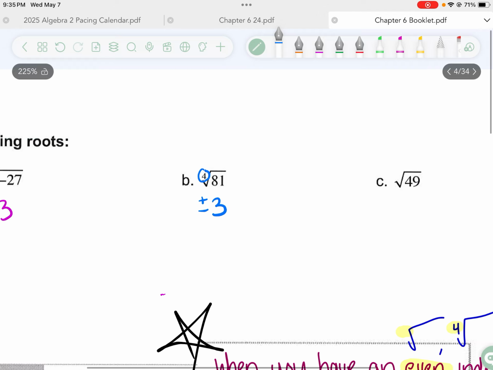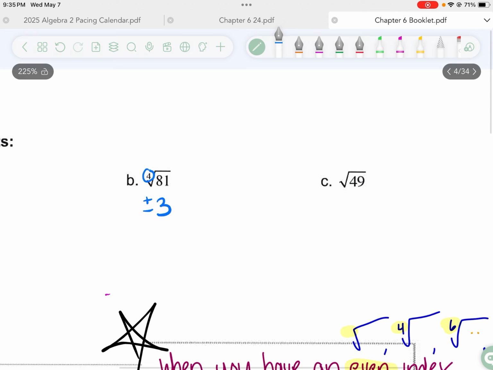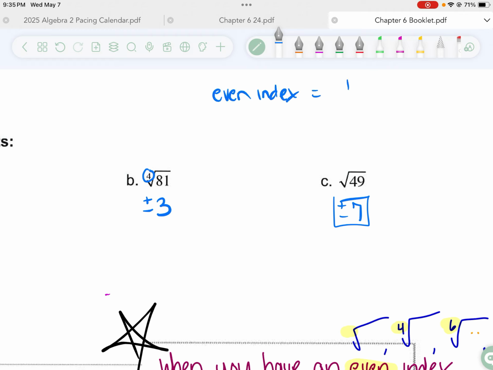Even index. And then letter C, again, if you don't see a tiny number for the index, that just means it's the square root. So the square root of 49 is 7. And again, you need that plus minus. Okay, so even index, always use plus minus.